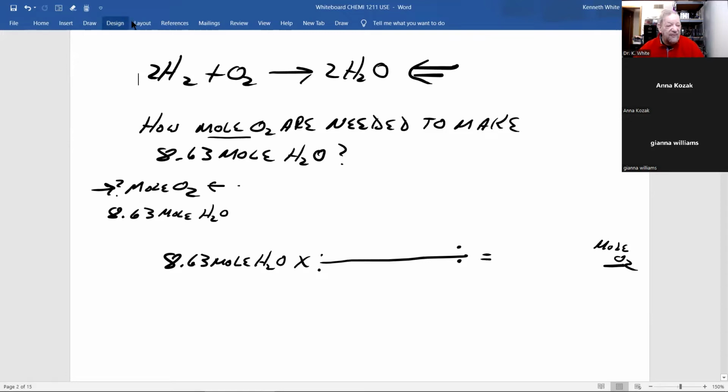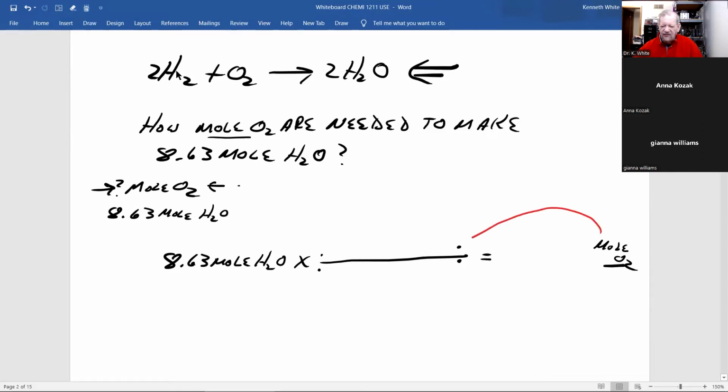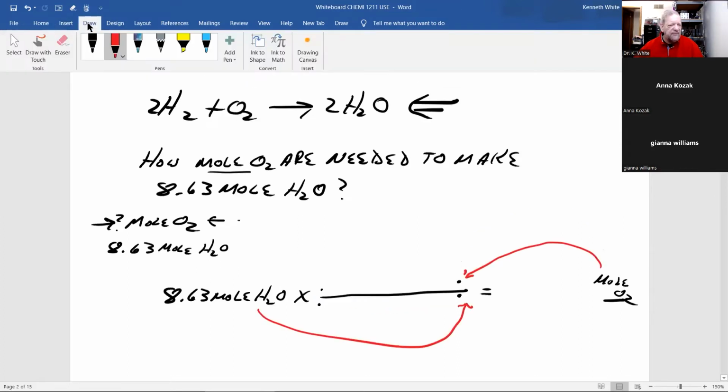And now it's time to use your good buddy, your good friend, unit analysis. And whatever we're trying to get to goes on top of the ratio, units, and whatever we're trying to get rid of goes underneath.